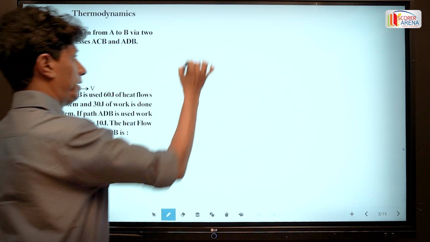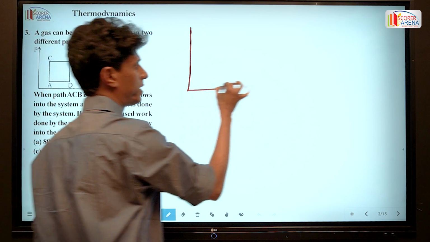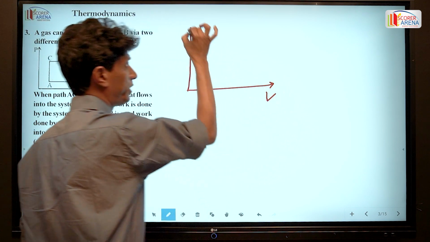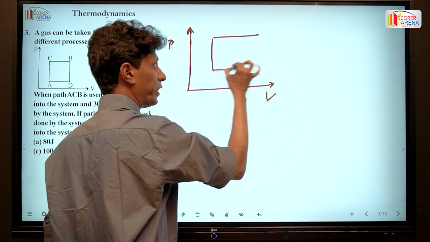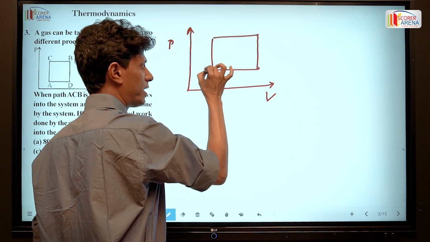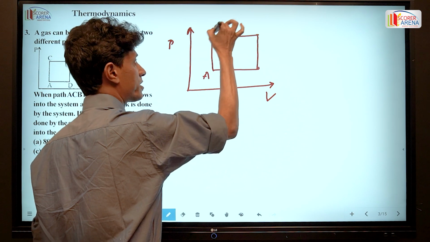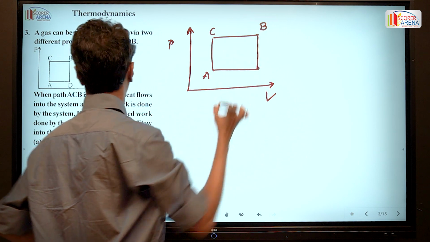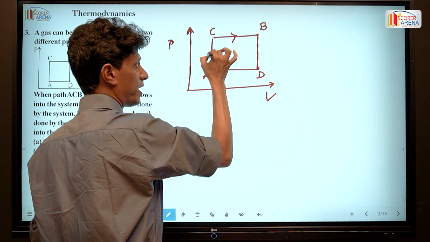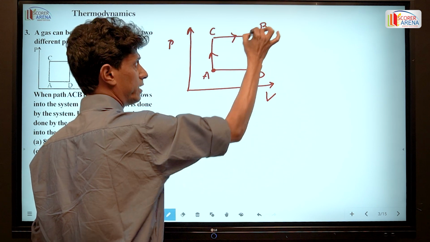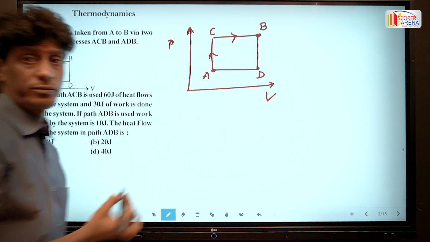So here in the P versus V graph there are two ways. One path is ACB and the other path is ADB. In this graph, this is the initial state and this is the final state.